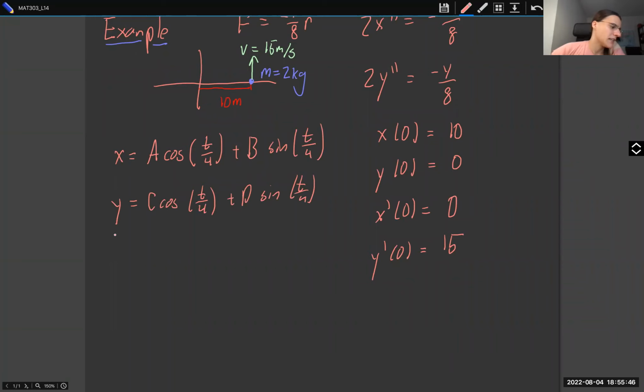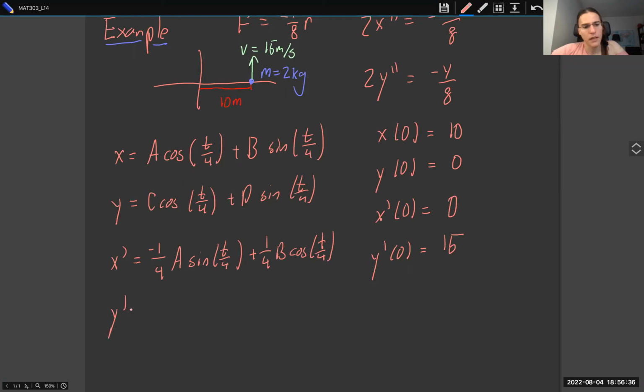Then what happens is that if we differentiate these, we're going to get that x prime is equal to negative 1/4 a sine t over 4 plus 1/4 b cos t over 4.